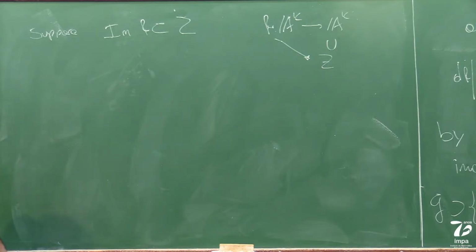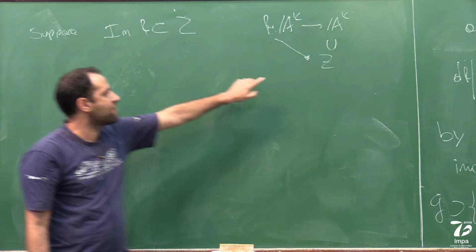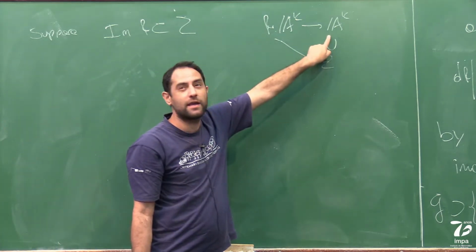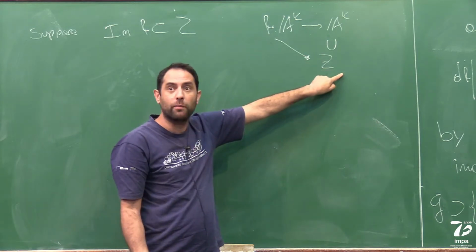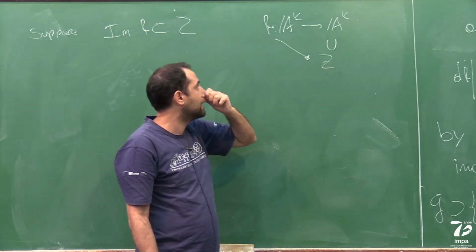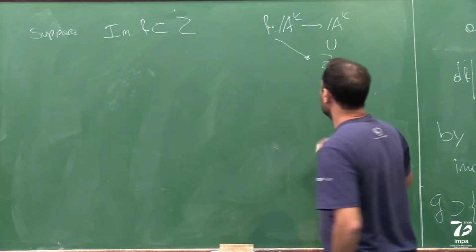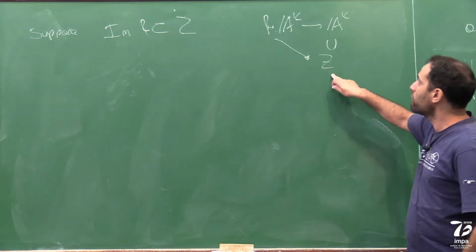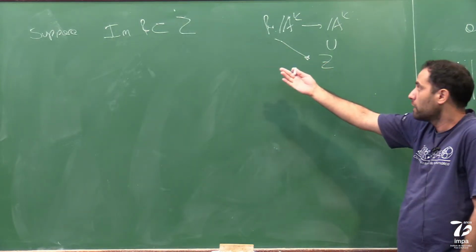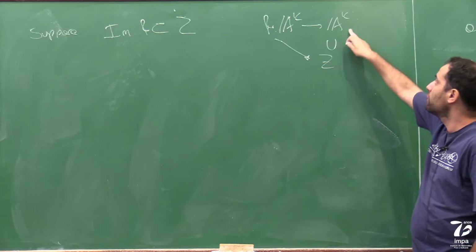This can have any codimension, but the closed subsets inside of A^k are cut out by polynomial equations. So there's a bunch of polynomials that are 0 on the whole image of F. I can just choose one of them, so I can assume that Z is a hypersurface inside of A^k.